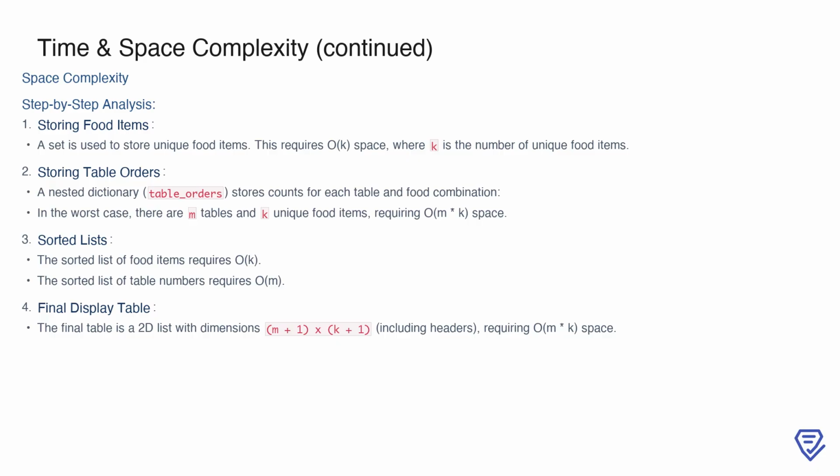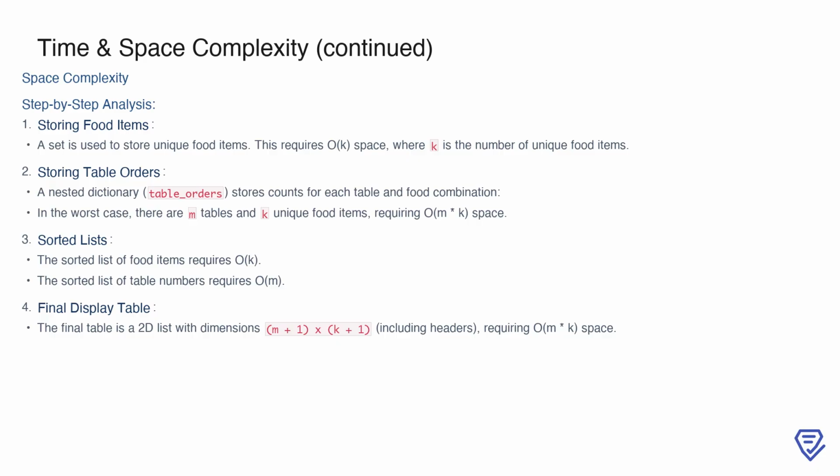Next, let's analyze space complexity. First, we store unique food items in a set, which requires k space, where k is the number of unique food items. Then, the table_orders nested dictionary stores counts for each table-food combination. In the worst case, where there are n tables and k unique food items, this requires m*k space.